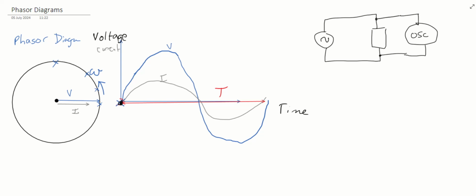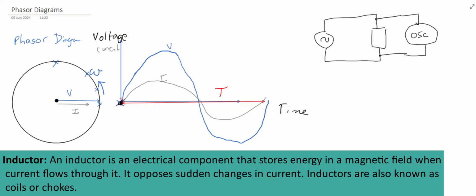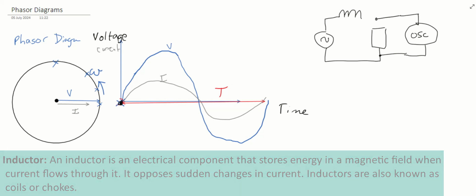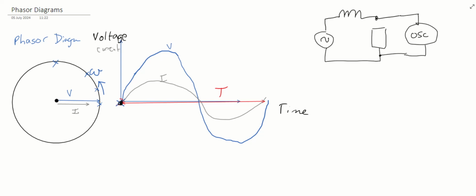If you added an inductor into that circuit, let's try and add that now. Then you would introduce a 90 degrees out of phase sine wave.